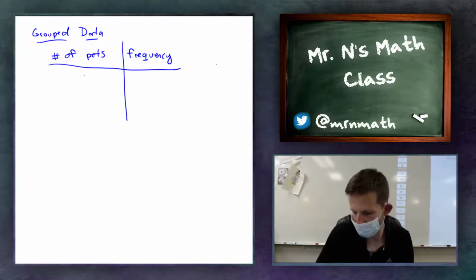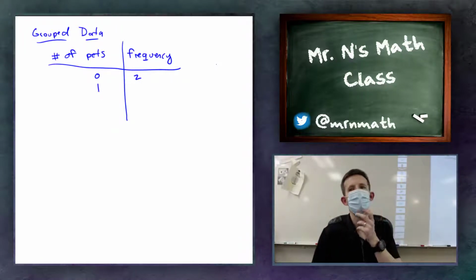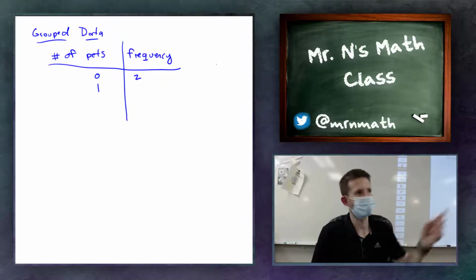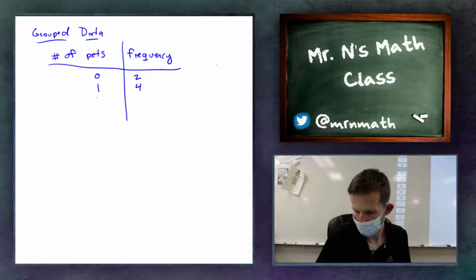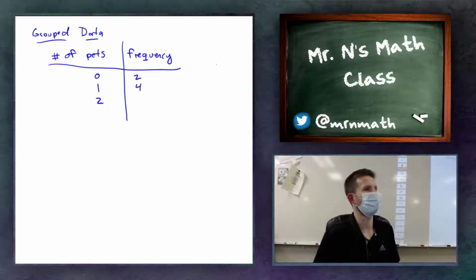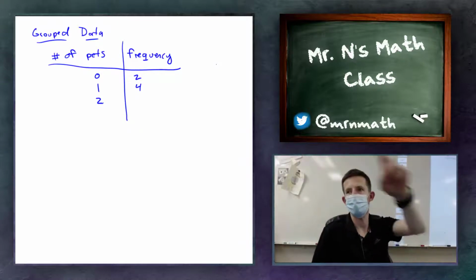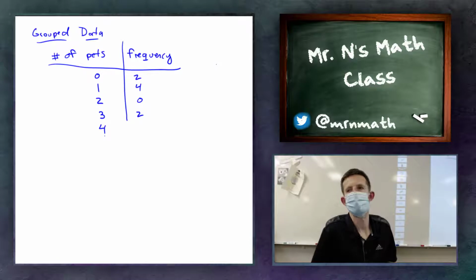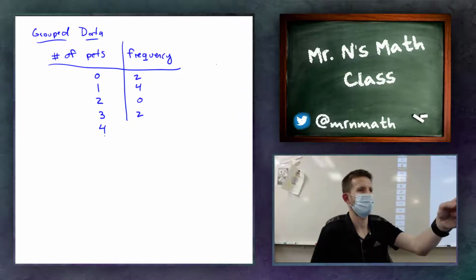How many guys have no pets? 1, 2. So 0 pets is 2. What about 1 pet? 1, 2, 3, 4. What about 2 pets? What about 3 pets? 1, 2. 4 pets? 5 pets?